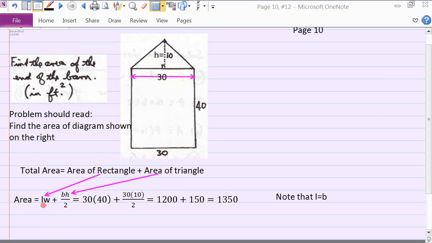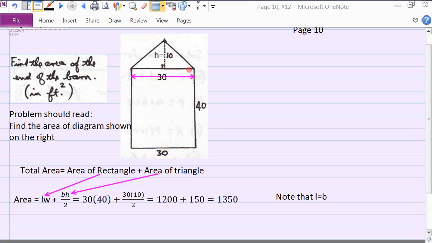So the area of a rectangle is the length times the width, which would be 40 times 30. And the area of the triangle is the base times the height divided by 2. So I've made the base here the same as the length, if you would like, 30. 30 times 10 over 2.